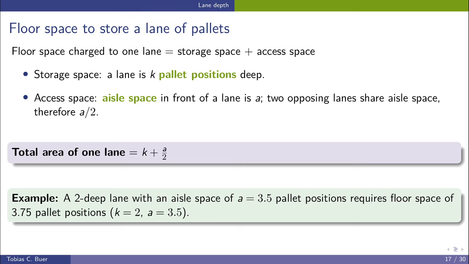So in order to calculate the actual floor space required to store a lane of pallets, multiple pallets that are stored back to back in one lane, we always need to consider the storage space, the footprint of these pallets, and the access space for this lane.